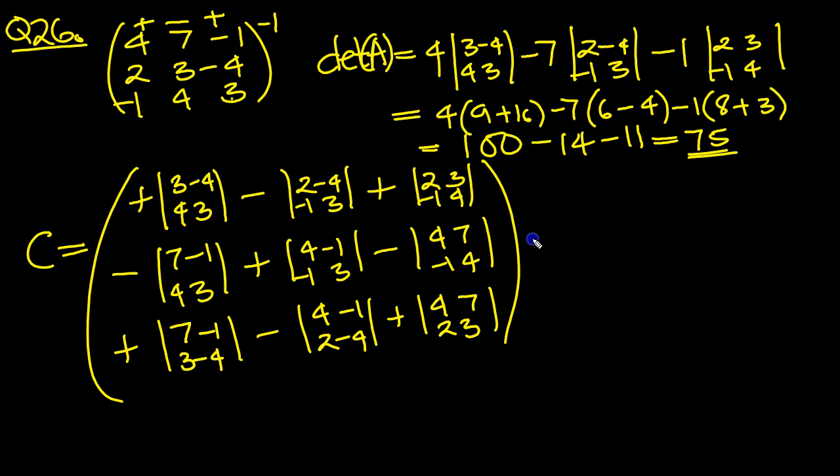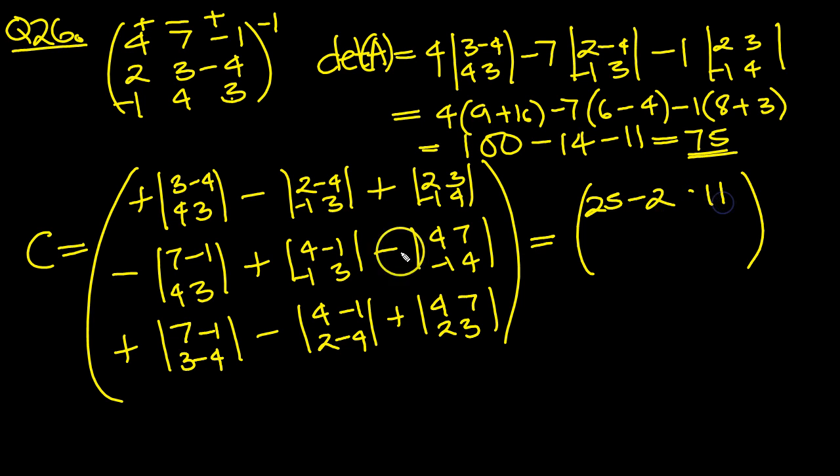There we go. So what does the cofactor matrix equal then? So what do we get? 9, take minus 16. 9 plus 16 is 25, which is what we had here. And then we've got to be a bit careful here, mind. 6 take away 4 is 2, but we've got minus 2. Yeah? And then we've got 8 take away minus 3, which is 11, plus 11.